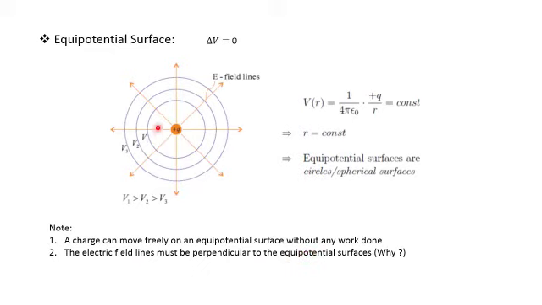As we can see here, the tangential component dl is always perpendicular to the electric field, meaning E dot dl is 0, or in other words delta V is 0. So the electric field line must be perpendicular to the equipotential surface.